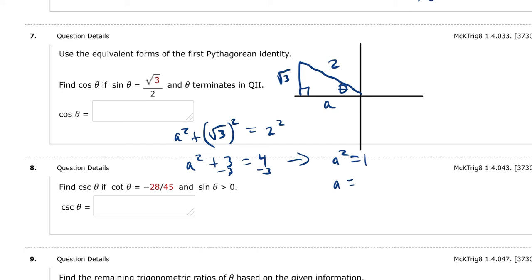Because you're going to the left, not the right, this should be a -1, not the positive 1. So it's very important that you're aware of whether it should be positive or negative depending on the direction that you're going. This is going to the left, which makes this a negative value. Cosine is, by definition, adjacent over hypotenuse. So there you go, -1 over 2.